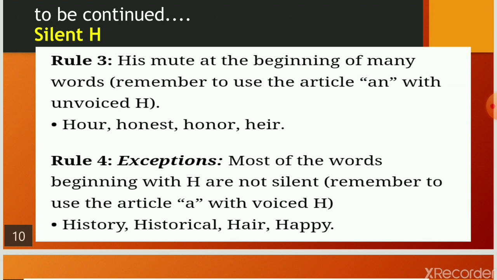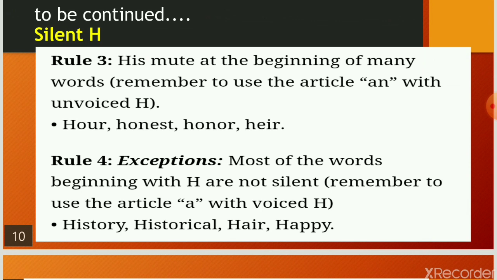You see here: hour, honest, honor, heir. We know very well, because we are mature and sincere students, that we say hour. No, we cannot say hour with an H, we cannot say honest with an H, honor, or heir. So the correct pronunciation is hour, honest, honor, and heir.